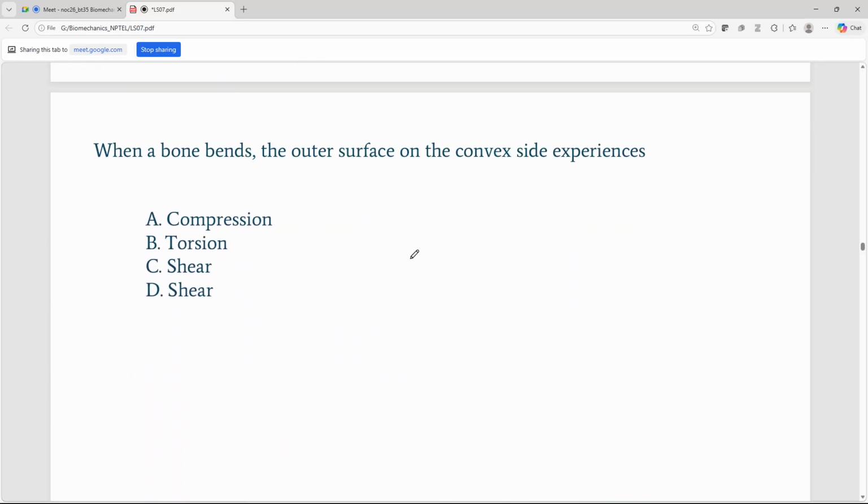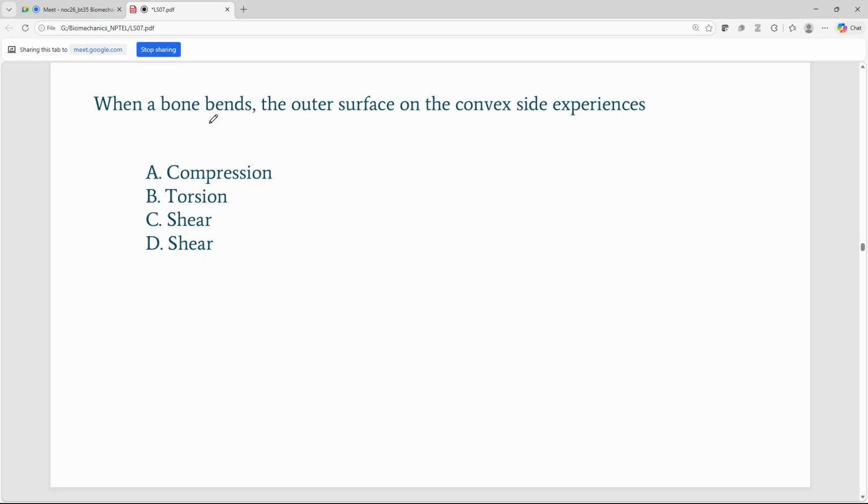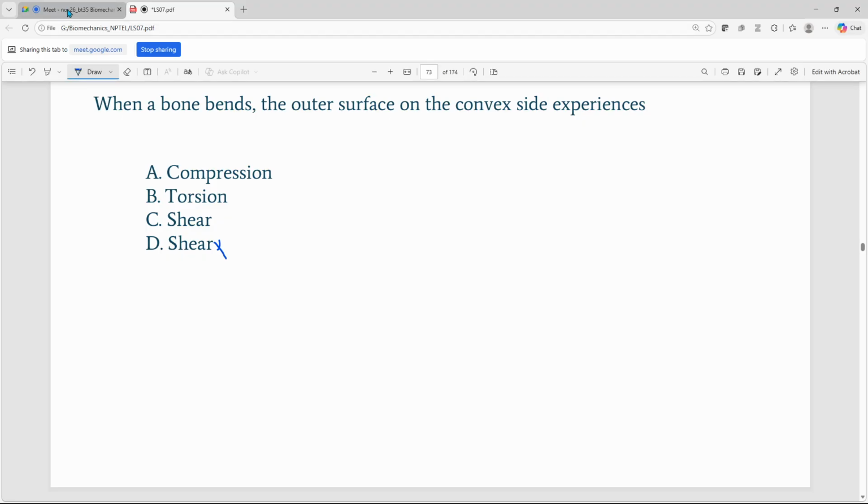Next question. When the bone bends, the outer surface on the convex side experiences what? Options are option A, compression, option B, torsion, option C, shear. Sorry, there is an error in the question.